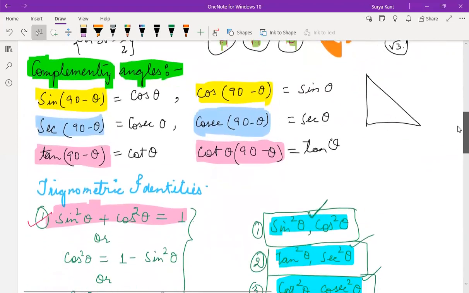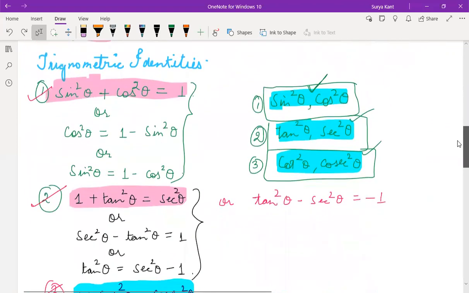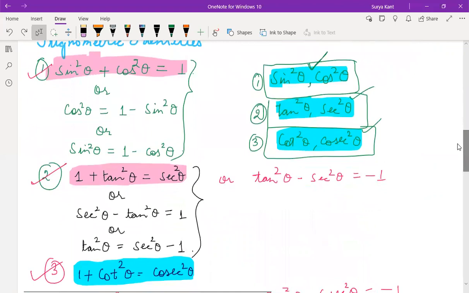Now identities. Here you can remember only the first, second, and third identity. Sine square theta plus cos square theta is equal to 1. Cos square theta is equal to 1 minus sine square theta. If you know the first line, you can write the second and third lines. Again, 1 plus tan square theta is equal to sec square theta.